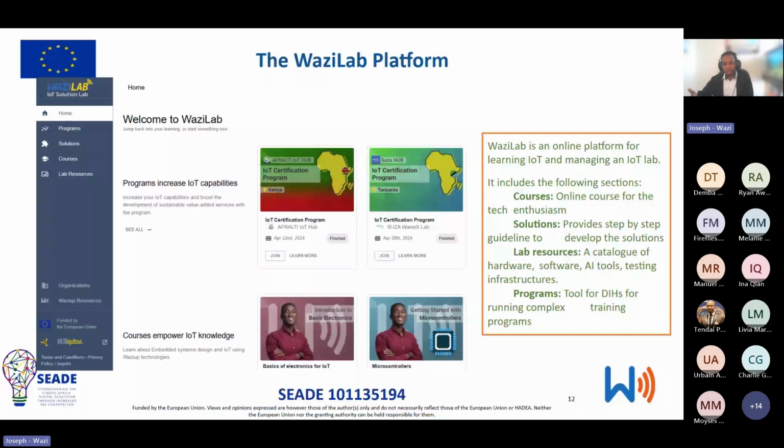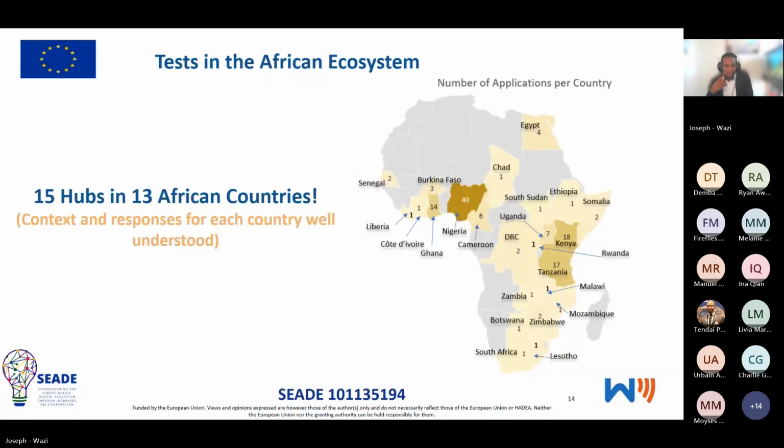Since the solution was linked to the African context, our biggest market is on the African side, and now we are trying to see how it could fit in different countries in the African ecosystem.